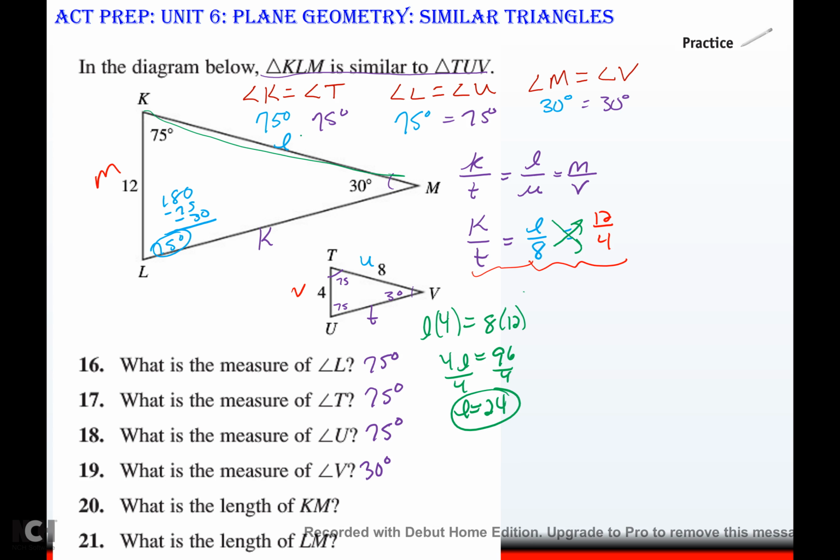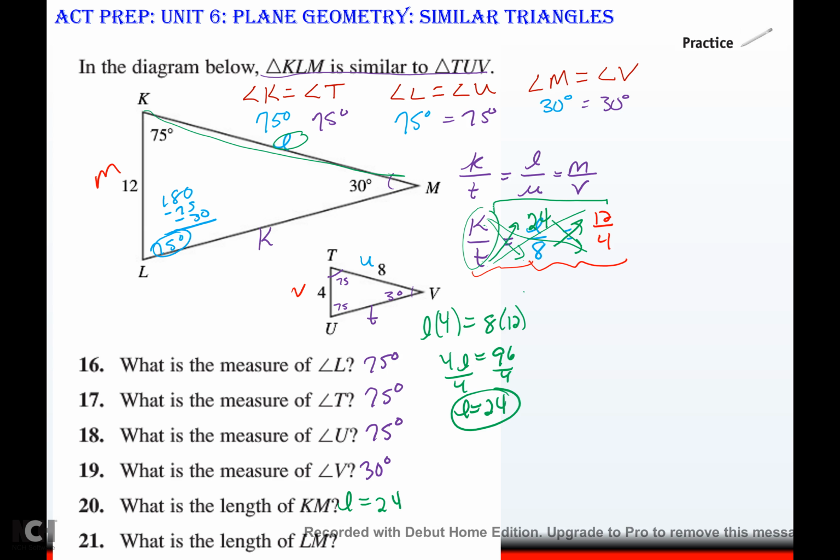KM, that's little l, is 24. So even if I replace the L, if I try and do this cross product, again, it's not going to work because I have 2 I don't knows. And even if I use these two, it still isn't going to work because I have 2 I don't knows.